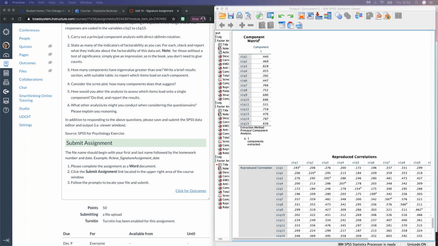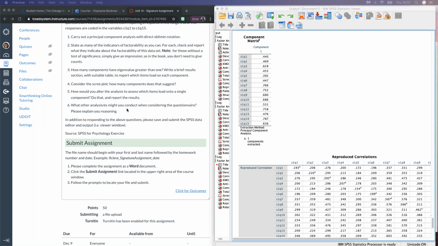So then the next question is, what other analysis or analyses might you conduct when considering the questionnaire? And then explain your reasoning. The question is a little bit open-ended, but I found my best answers just in sticking to this chapter in Brace and chapter 20 in Warner.